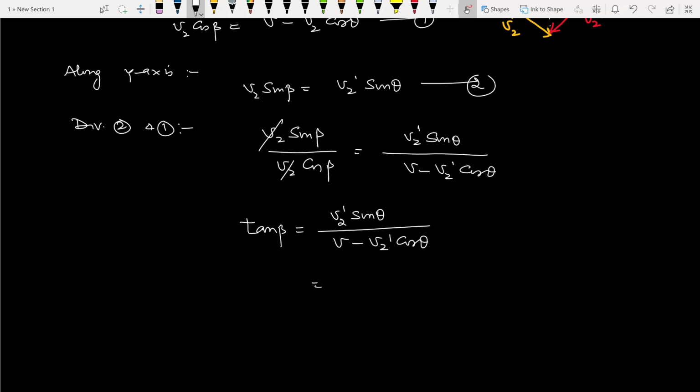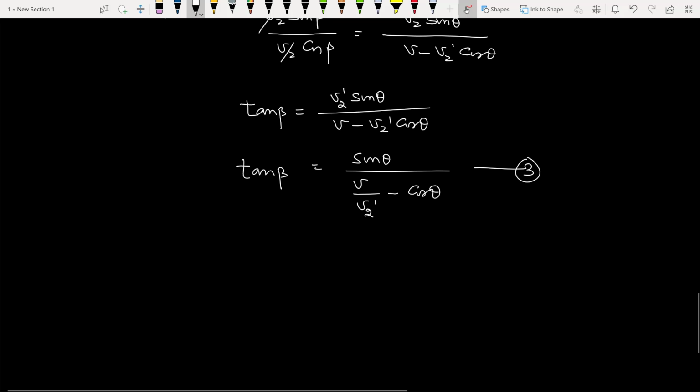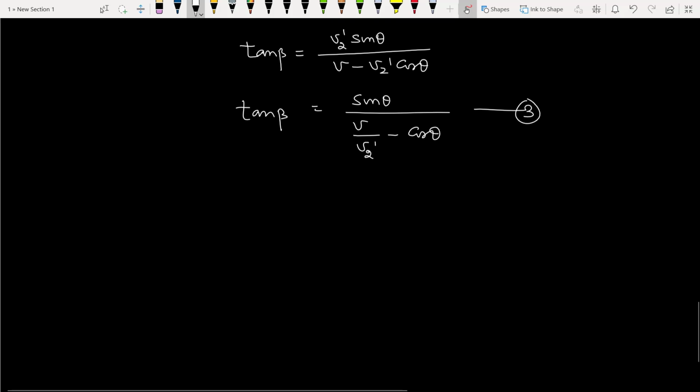So divide by V2 dash both sides. So it will be sin theta over V upon V2 dash minus cos theta. We mark this as equation number 3. So tan beta is equal to this. So as in the previous article, here we will be substituting the value of V divided by V2 dash.